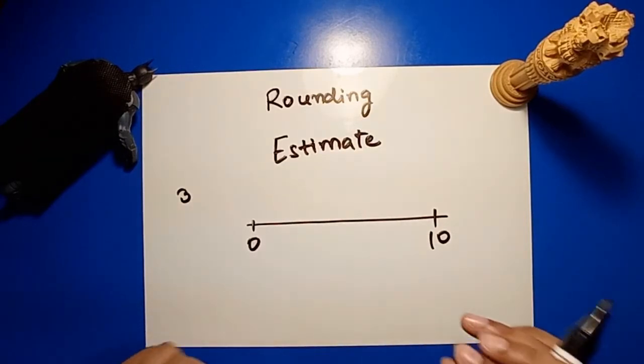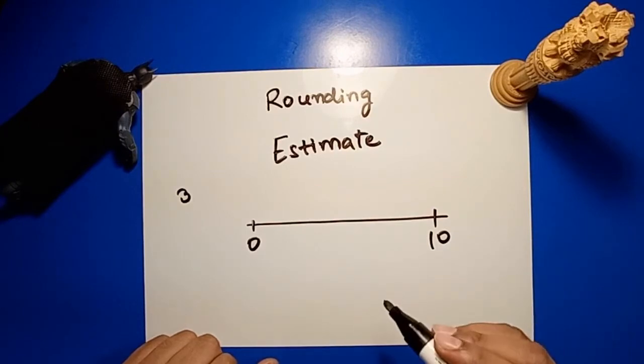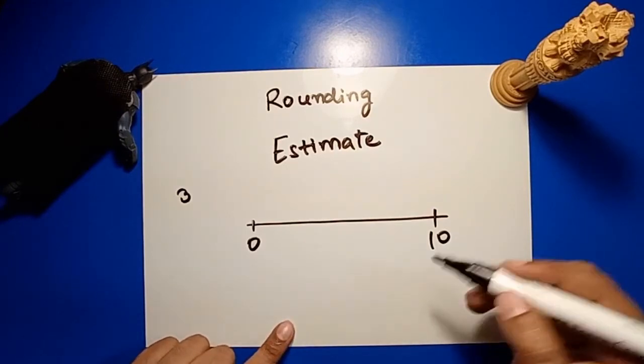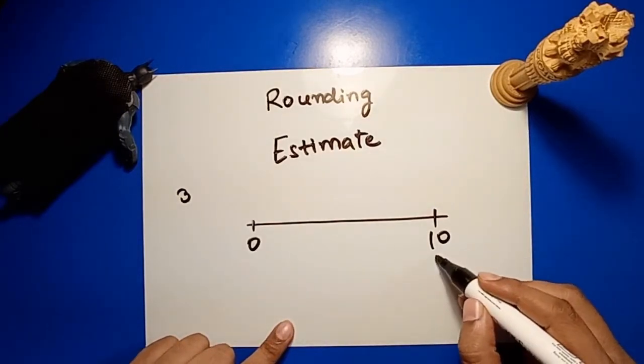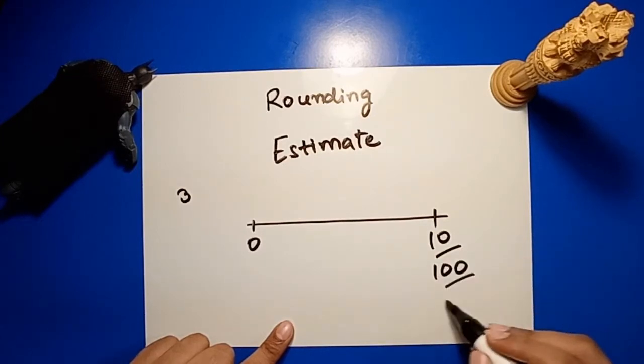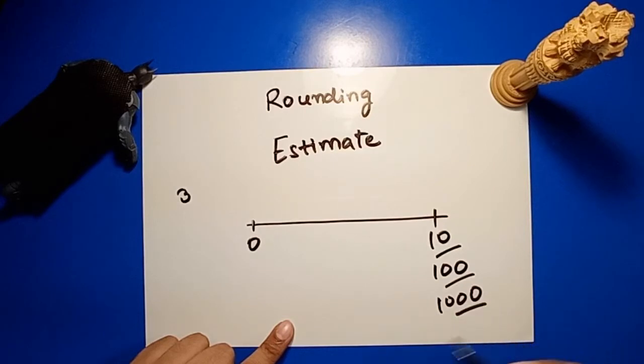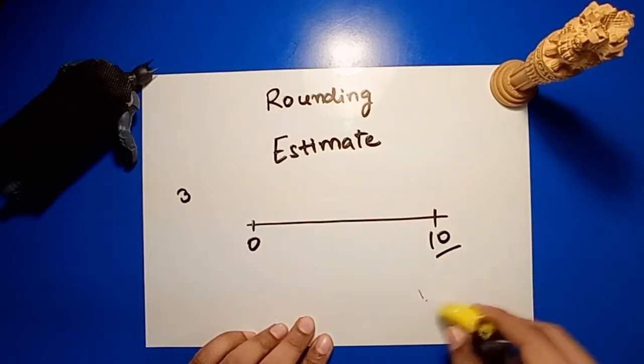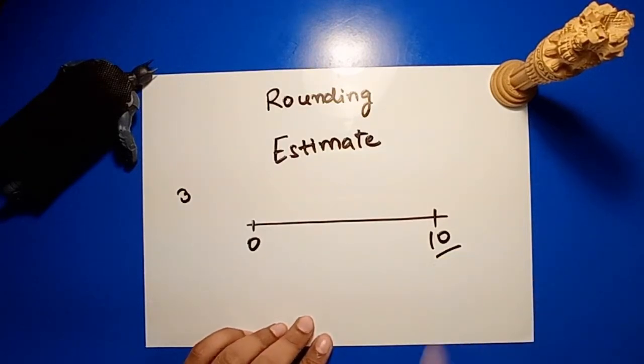All rounding problems will also tell us rounding to what? Rounding to the nearest 10, rounding to the nearest 100, or rounding to the nearest 1000, and so on. So in this particular case, let's understand the concept by rounding to the nearest 10.